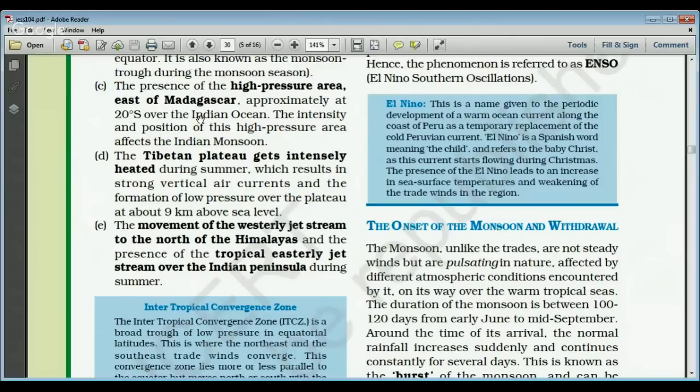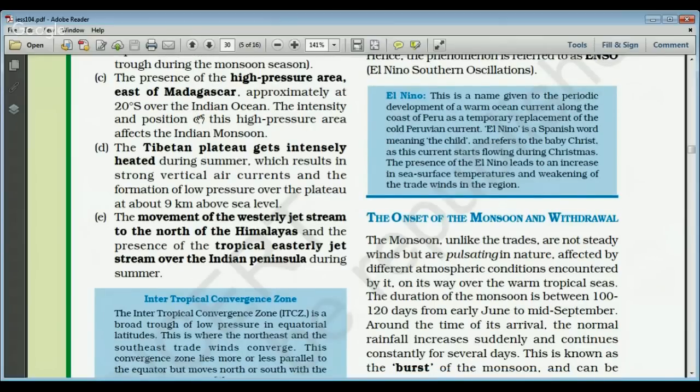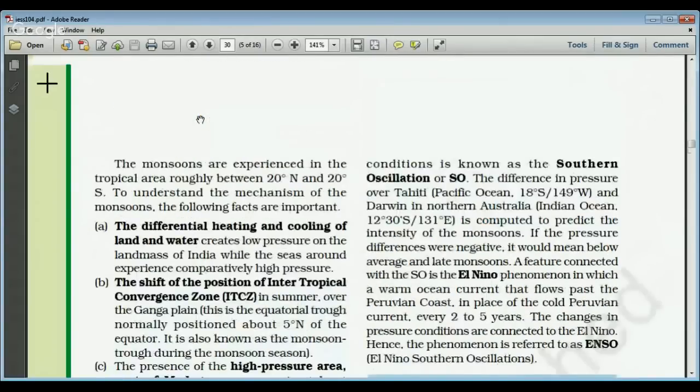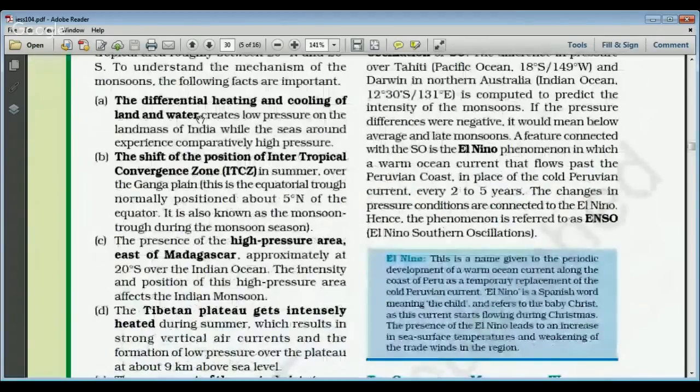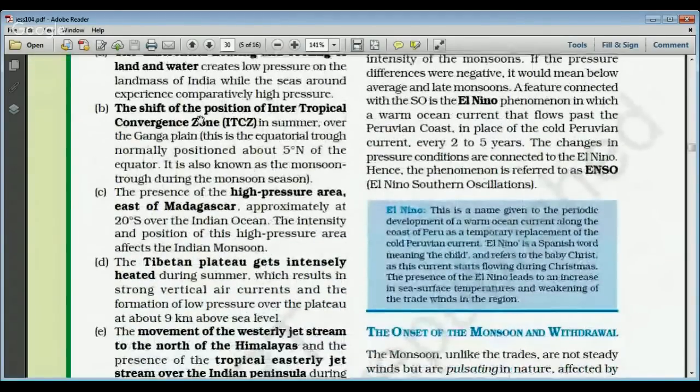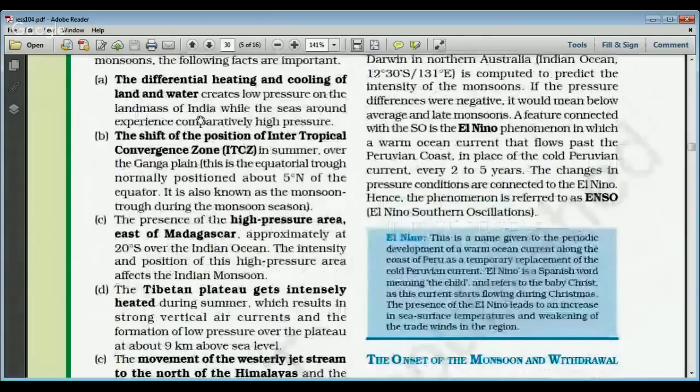And then the movement of the westerly jet stream to the north of the Himalayas, and the presence of the tropical easterly jet stream over the Indian peninsula during the summer. So these are some of the factors very important for Indian monsoon formation, and to understand the mechanism of the monsoon, we all need to remember all these factors.